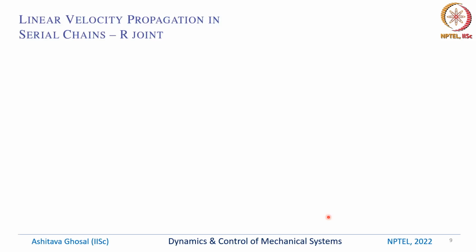We can also find what is happening to the linear velocities of each rigid body with respect to the previous rigid body. This comes from the basic expression for the position vector of a point on the second rigid body with respect to the first rigid body. We can see that the origin ⁰O_i is nothing but ⁰O_{i-1} plus ^{i-1}O_i, and then we have to pre-multiply by a rotation matrix so that it is all consistent.